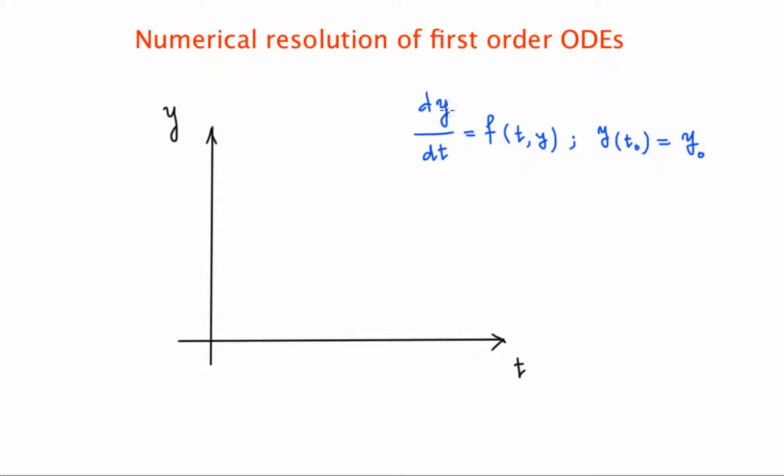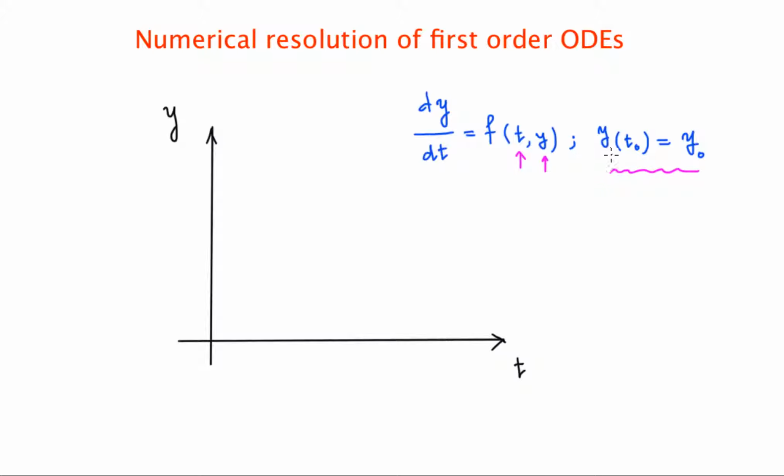So the derivative that we have here, the derivative of the function y with respect to t, is some function that depends on t and y. Besides that, as this is a first order differential equation, we need one initial condition. In this case, this is the initial condition that we have.